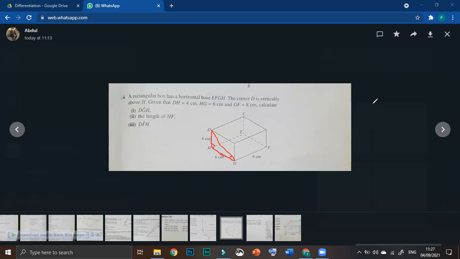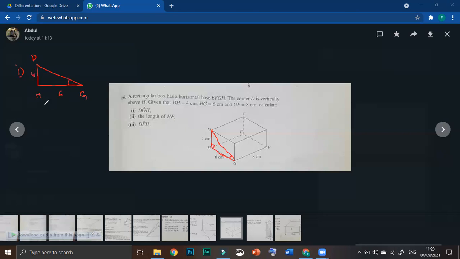Now, this angle is not properly drawn as 90 degree in the triangle. We will draw a separate diagram. Just like this. This point is D, this point is H, and this point is G. We want to find out this angle. This length is 4, this length is 6.